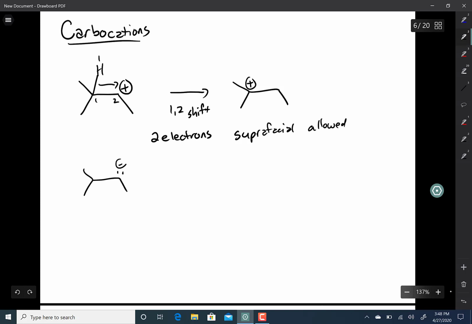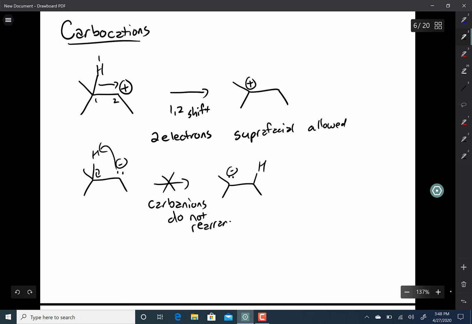Carbanions do not rearrange. Because this would be a 4-electron process.